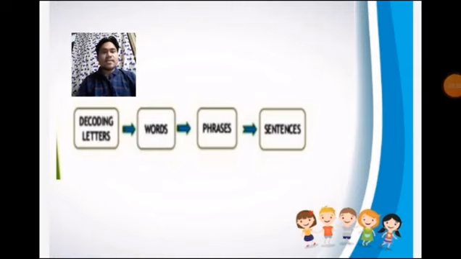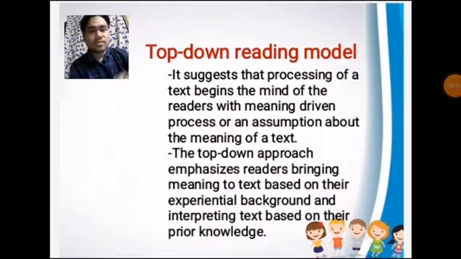Now let's proceed to the top-down reading model. It suggests that processing of a text begins in the mind of the reader with a meaning-driven process, or an assumption about the meaning of a text.